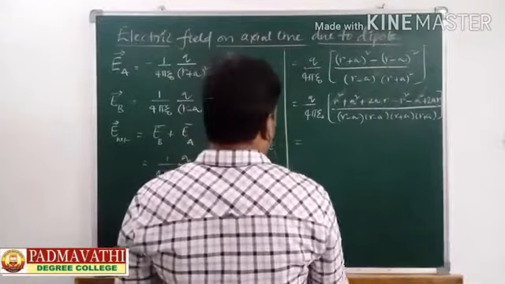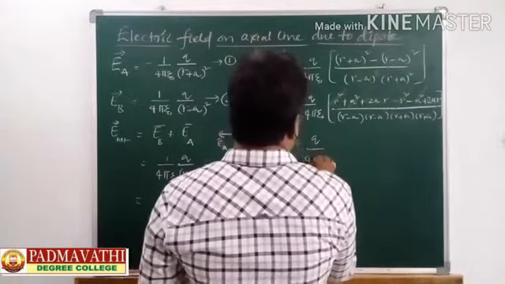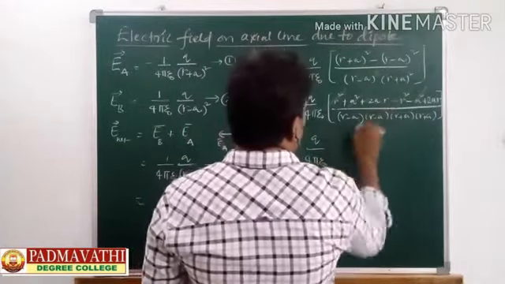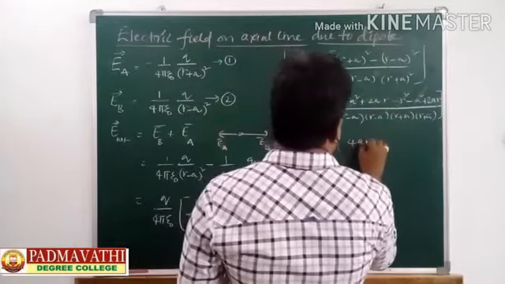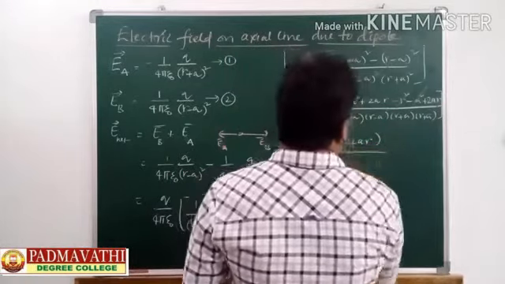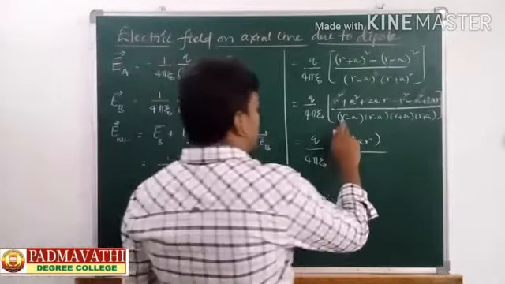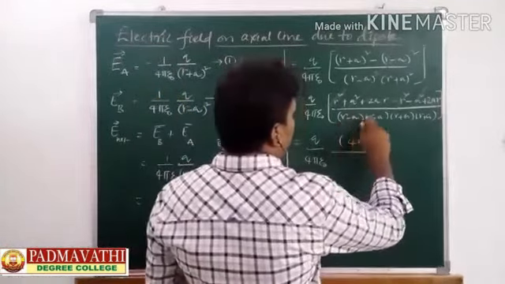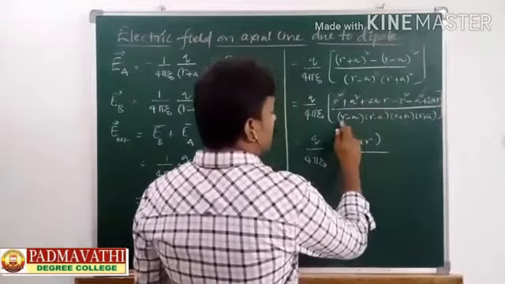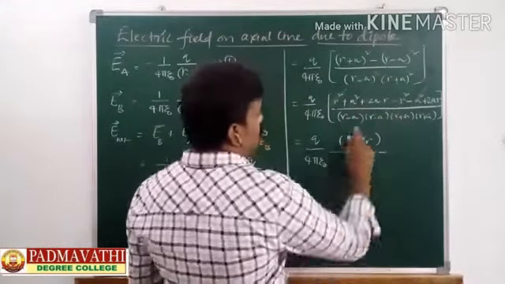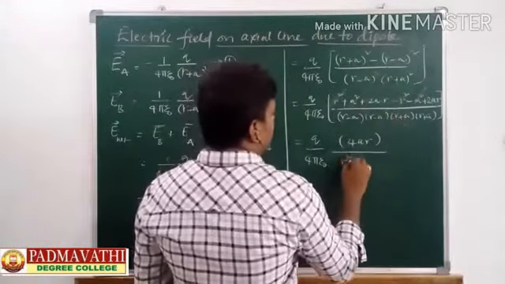So here Q by 4 pi epsilon naught, this is 4AR divided by, look at this here carefully, (R minus A) into (R plus A). This is R square minus A square, why? Because (a plus b) into (a minus b).